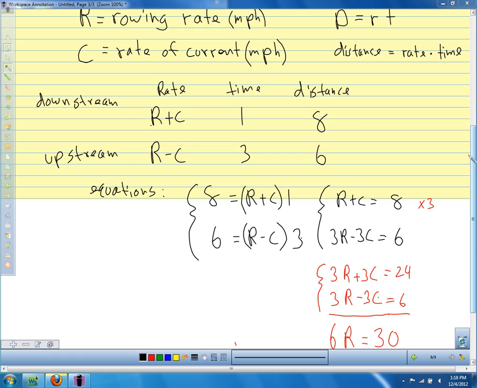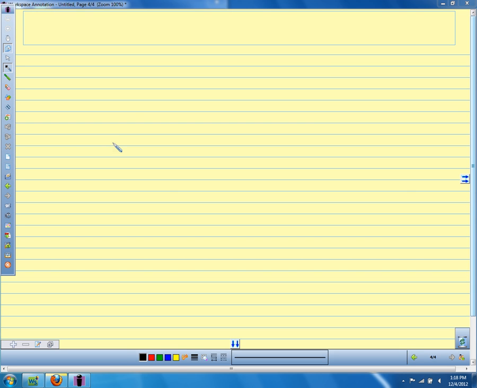All right, let's do one more. This one has to do with investments. In this problem, we have $10,000 to invest, and we're just earning simple interest. So we just get some percentage of our money after a certain amount of time.